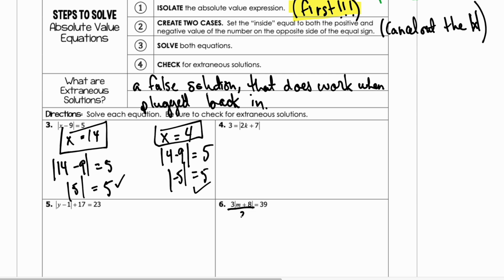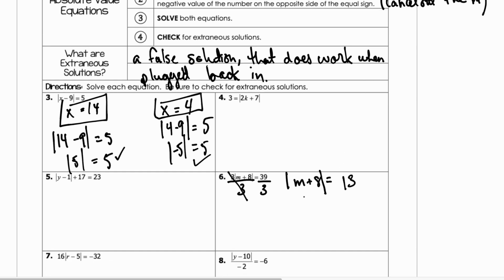So we're going to divide both sides by 3, and that cancels this out. So now I have the absolute value of m plus 8 equals 13. All right, so let's go ahead and do our step 2, cancel out our absolute value signs, make one equal to positive 13 and one equal to negative 13.